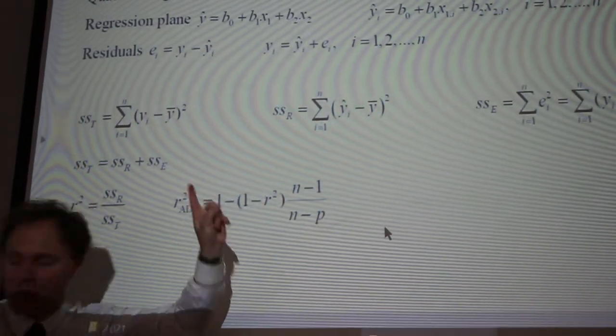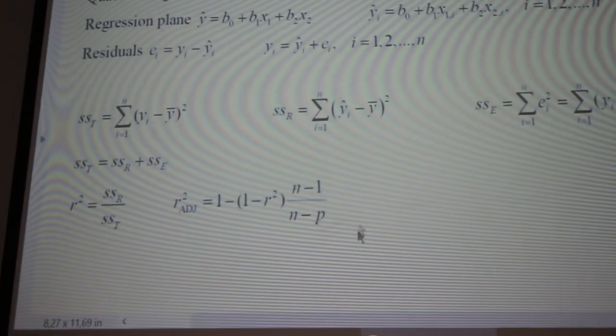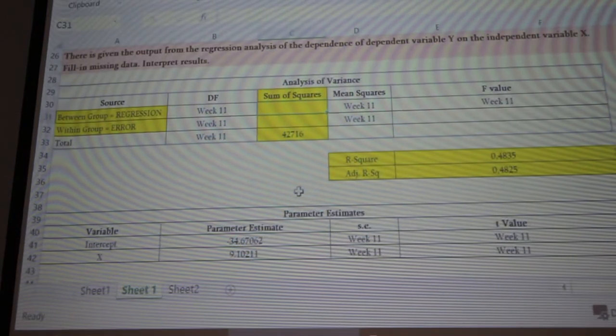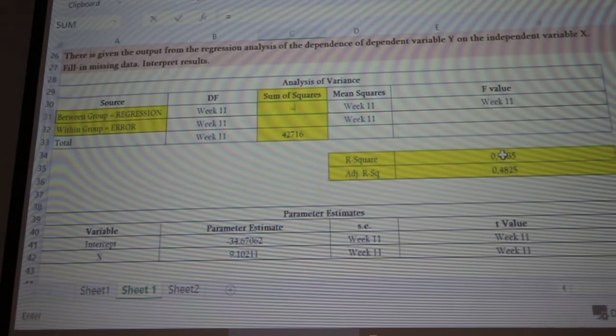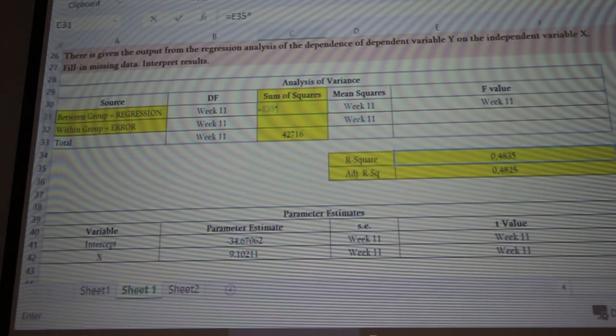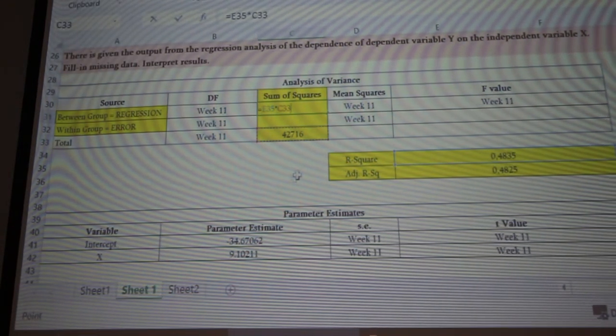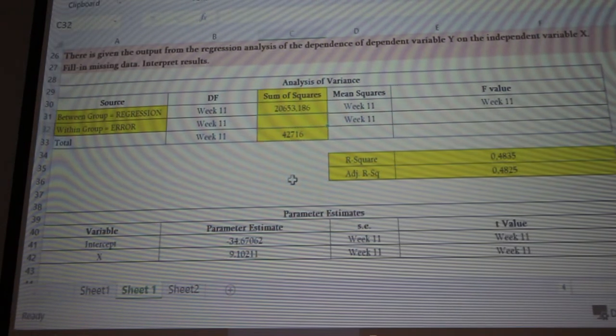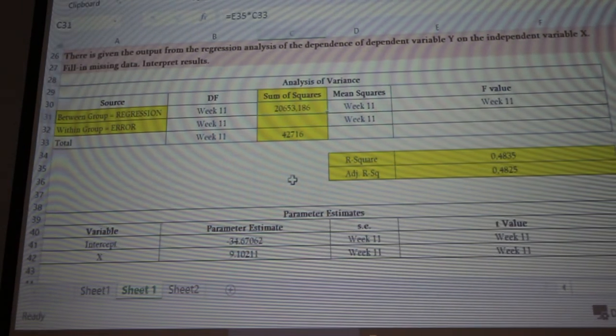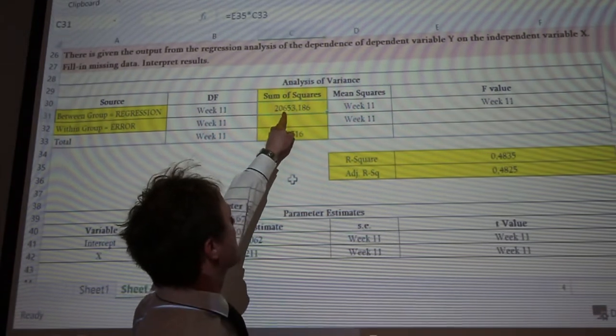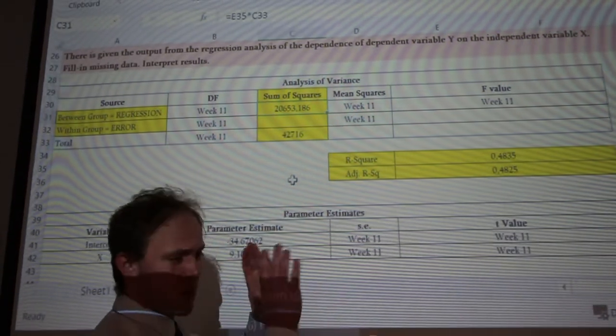So please do this. Here equal sign, R squared multiplied by total sum of squares. Enter. You can see 20,653 point something.